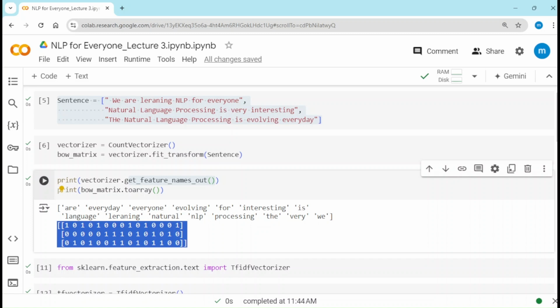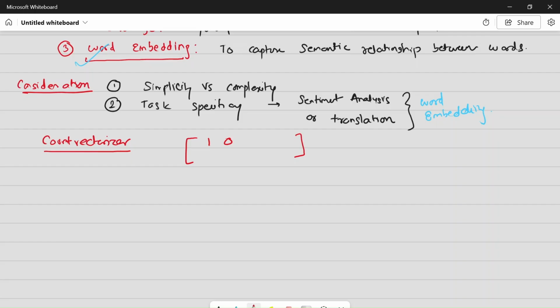Now let's go to the notepad. I hope you understood how count vectorizer works. Now there are a few limitations of this count vectorizer. What are those limitations?